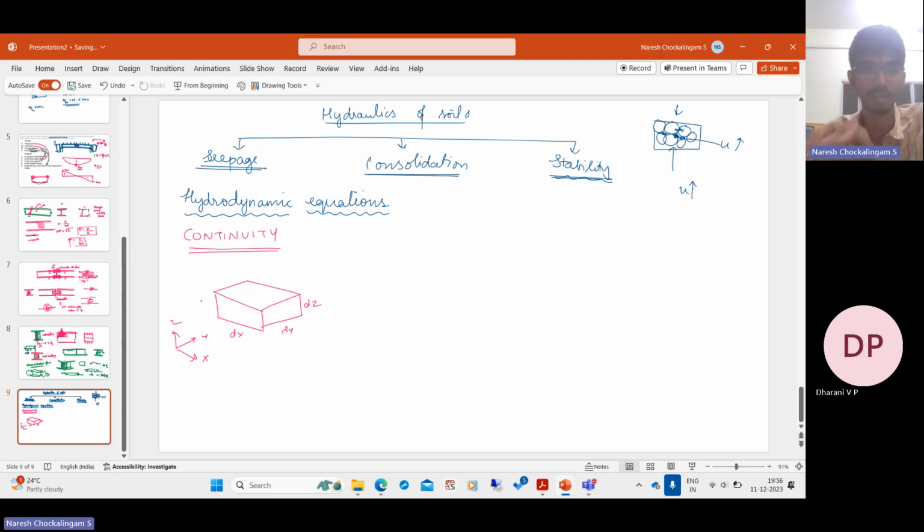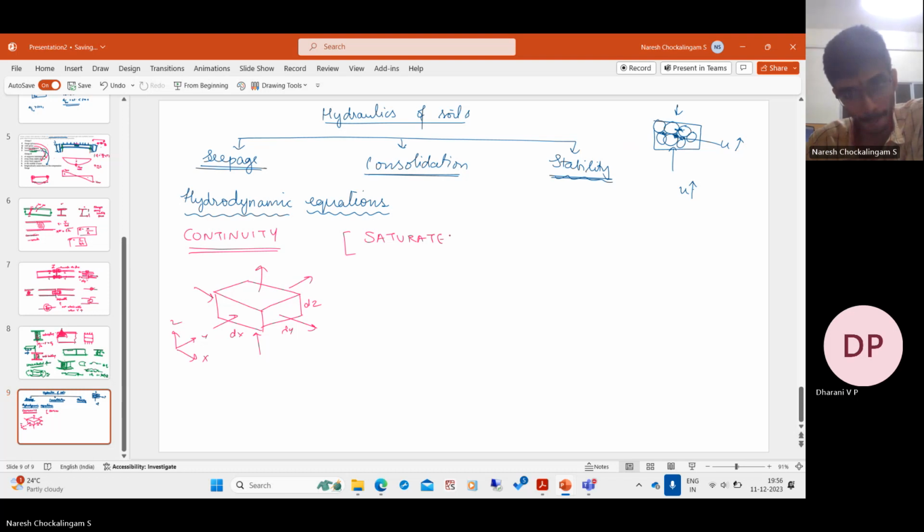If you consider a mass of soil, there will be water entering it from one side and exiting on the other side. Entering here, exiting here, and exiting here. Consider the total volume of water entering this volume of saturated soil. Everything we deal with in BTech is saturated soil mechanics. Whenever we deal with the interaction between percolating water and the soil, we assume that the soil mass is saturated.